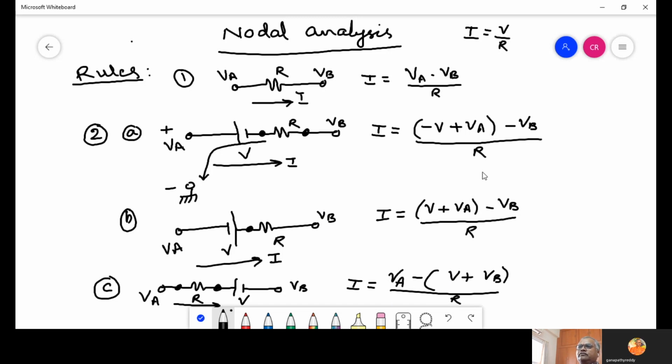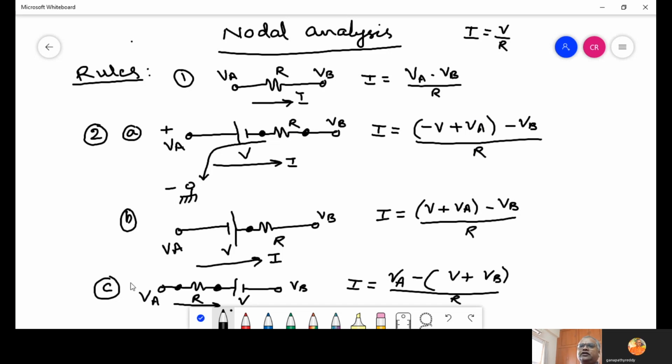If you observe these two, observe this and this, same only, na? Here VA plus VA, here plus VA, minus V, minus VB, minus V. These two are the same only. If you observe A and C, these two are also the same only. Na? X plus Y equals Y plus X. Only here source then resistor, here resistor followed by source.